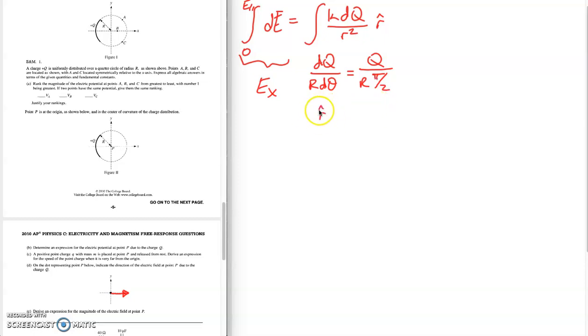The r hat. Well, since we want just the right side part to survive, let's make that be the cosine piece. Let's see if I can draw. So this is going to be dE from the little tiny charge here, dq. And we're going to compare it to that part, the right side part, because that's the part that we want to survive.